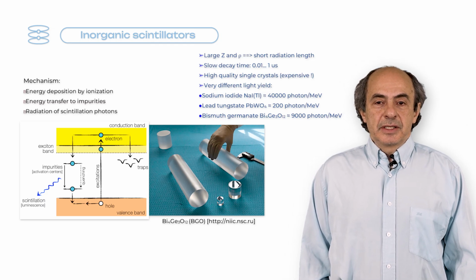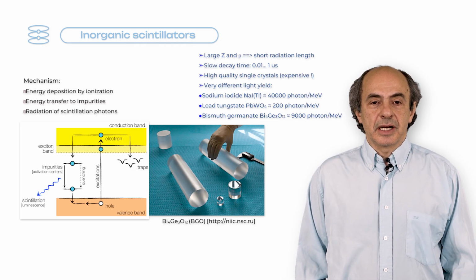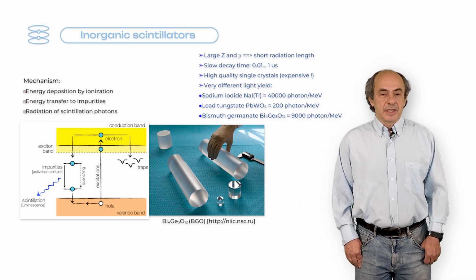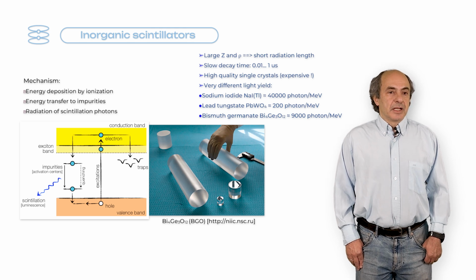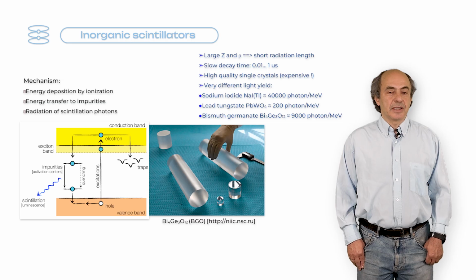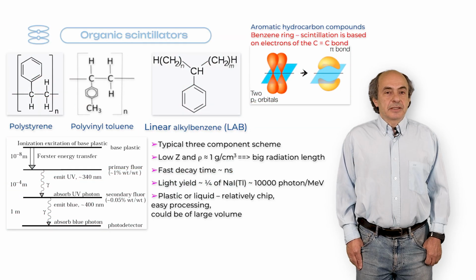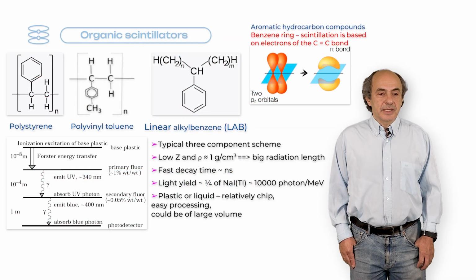And we need a high quality single crystal, so inorganic scintillator is comparatively expensive. The light yield of inorganic scintillators is very different, and the benchmark is sodium iodide with 40,000 photons per MeV.